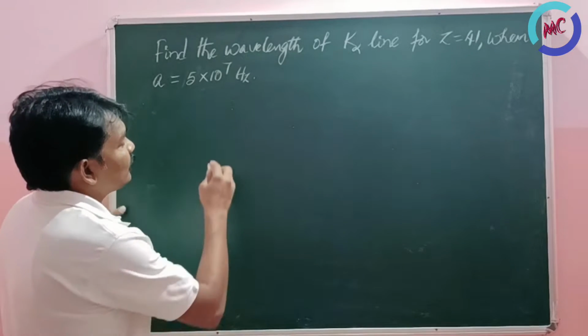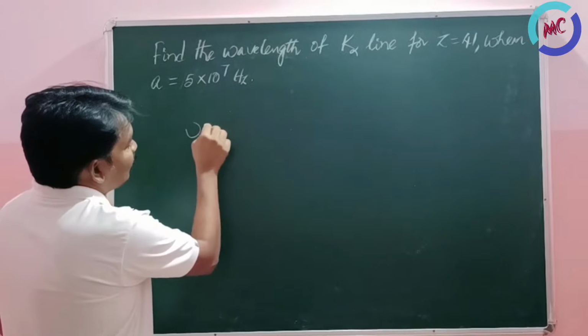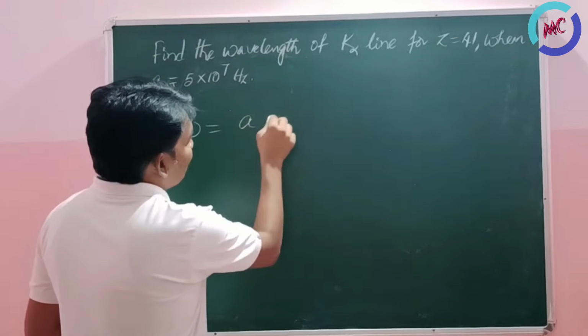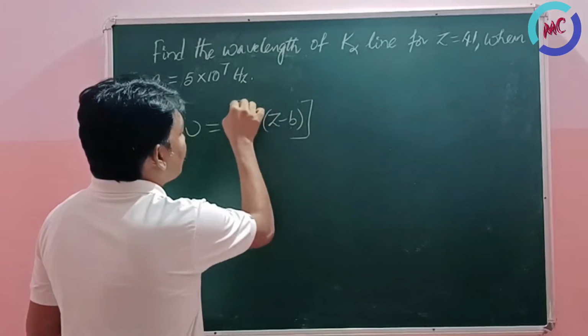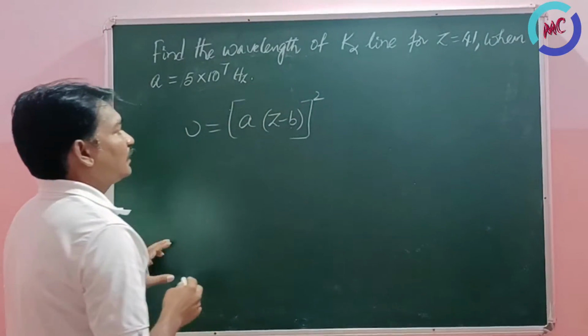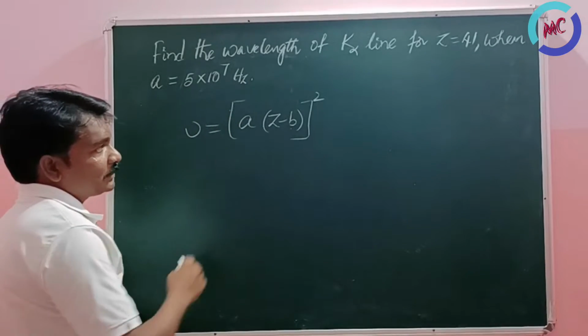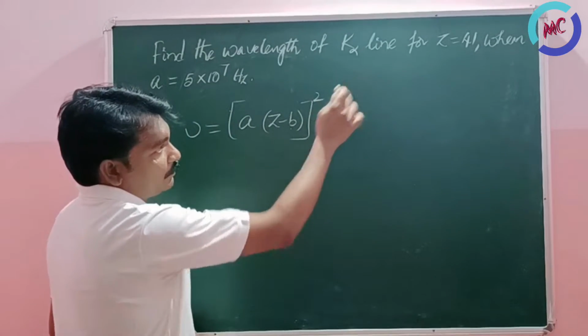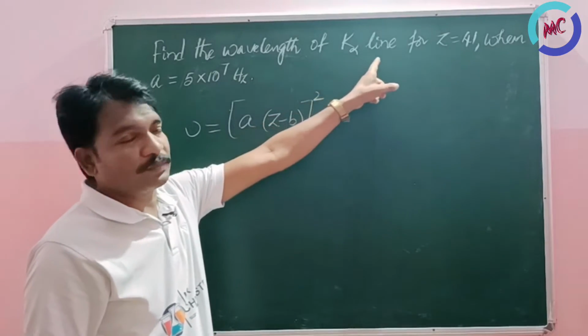See here, what is Moseley's expression? The Moseley's expression: root nu is equal to A into Z minus B. And see here, the value of A is 5 into 10 to the power of 7 hertz and atomic number Z is 41, and the B value they indirectly gave as K alpha line.